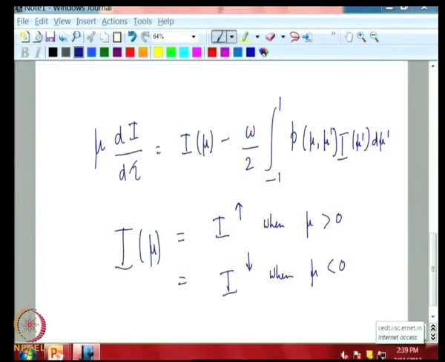So, once you do that, the previous equation now becomes very simple.